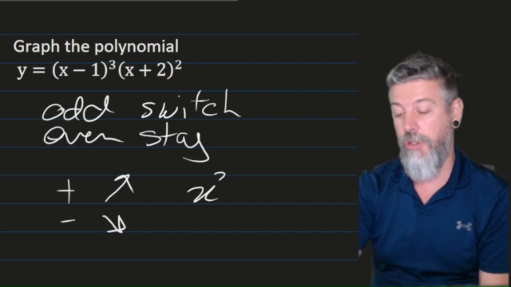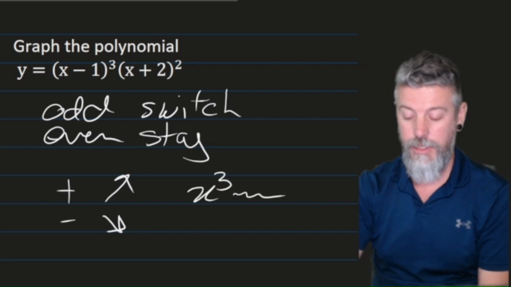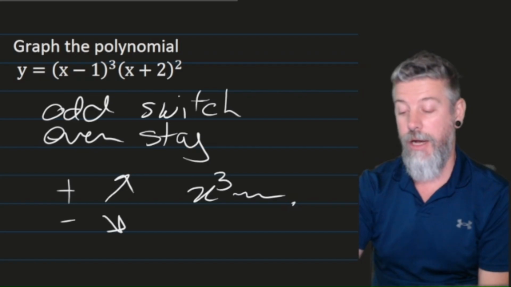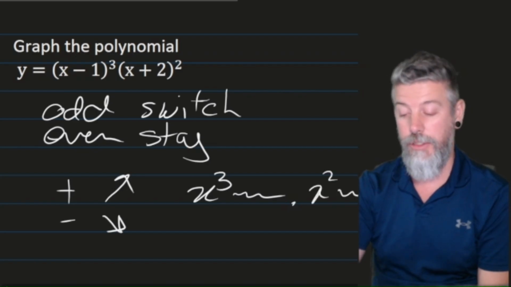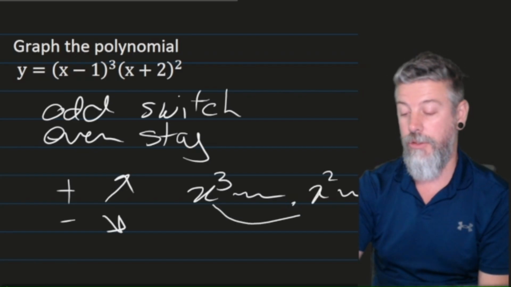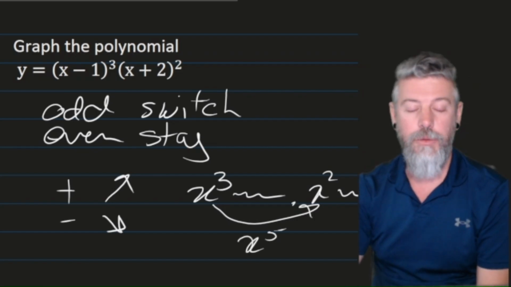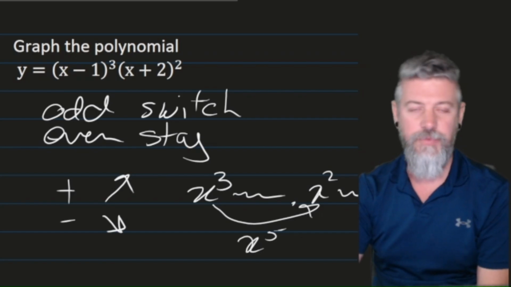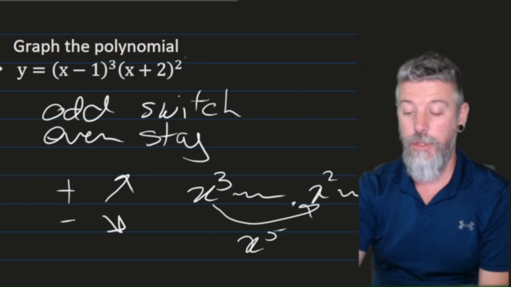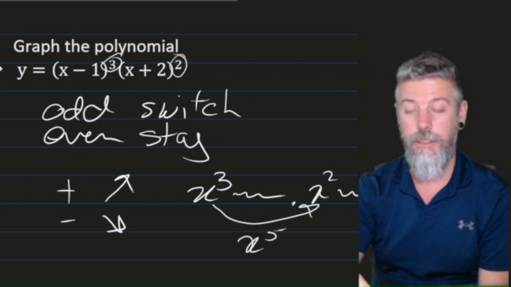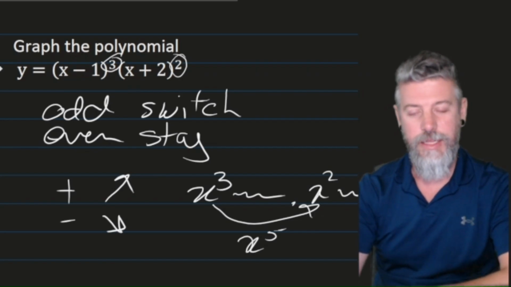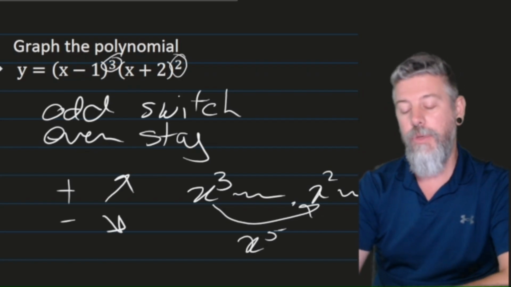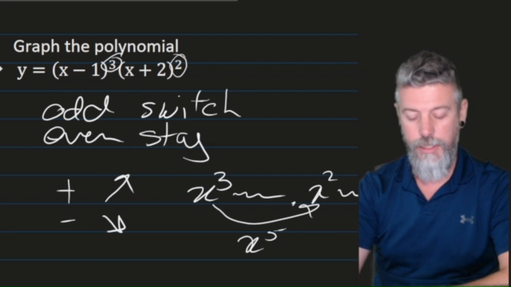So we would have x cubed plus a bunch of other terms, and then we're multiplying them by x squared and some other terms. And if we do x cubed times x squared, we're going to get x to the 5. So essentially we can see the degree of the polynomial just by looking at the powers in the linear factors, and we can see whether it's going to be odd or even.